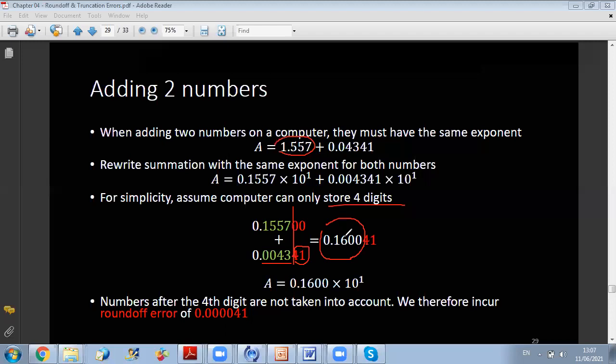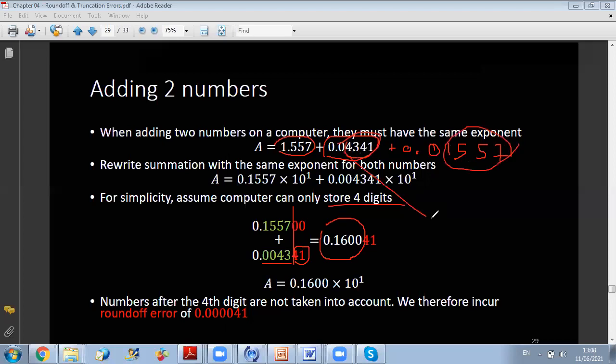Now what I want to tell you is that if you were adding this number to, for example, 0.01557, then the two numbers will be of the same order. And in this way, your computer can read 4 digits here and 4 digits here. Why?